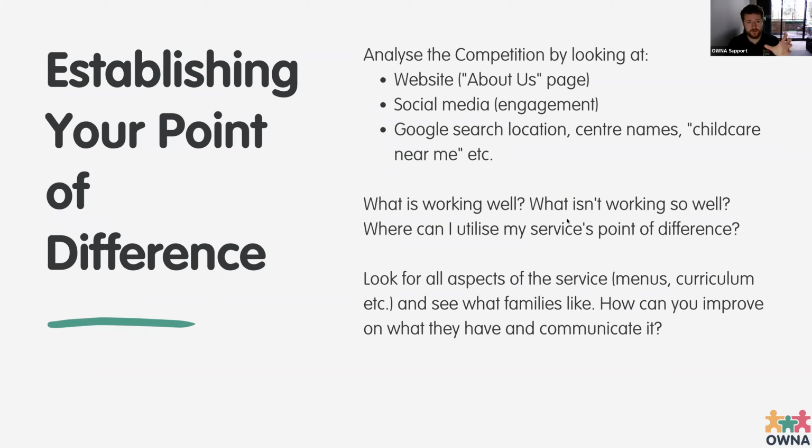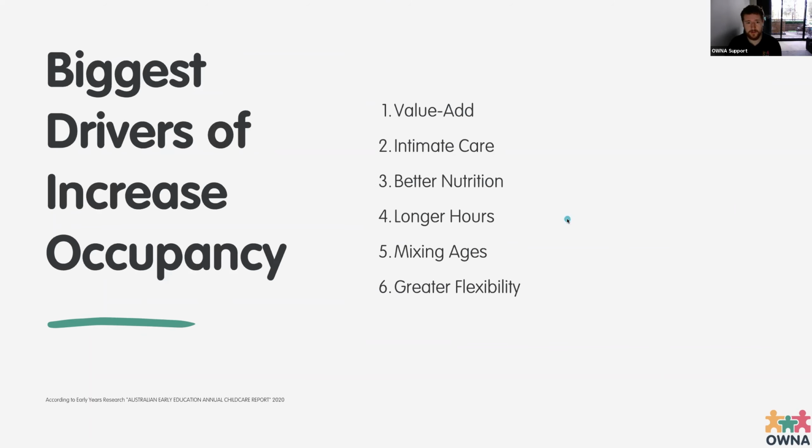So we're looking at establishing the point of difference. These are the six biggest drivers of increasing occupancy. Number one is a value add, which is mainly to do with curriculum, programs and activities. One of our centers, Rise and Shine, has a team called Soccer de Brazil that comes in and plays soccer with the children, and they also have their own Shine Advantage curriculum. That would be an example of a value add. The second is intimate care, obviously for younger kids like babies and younger toddlers.